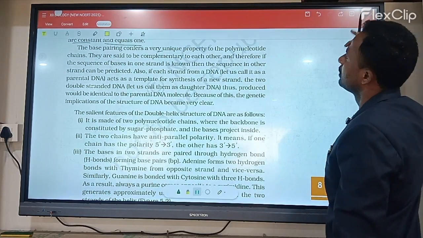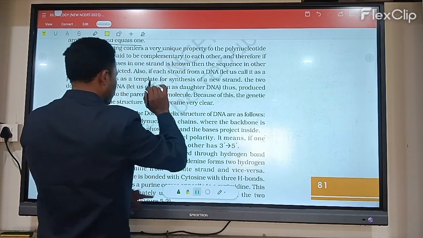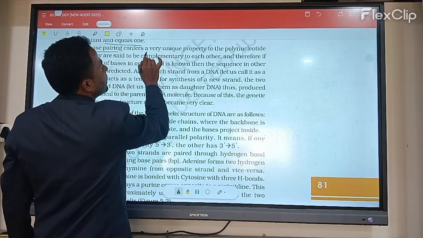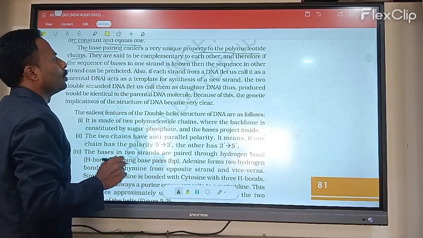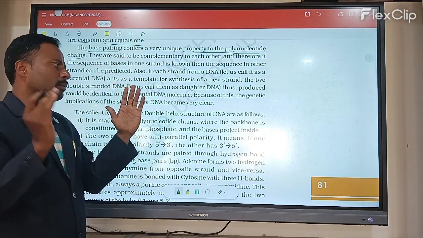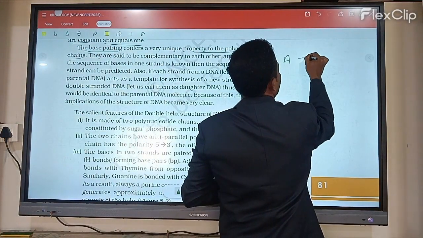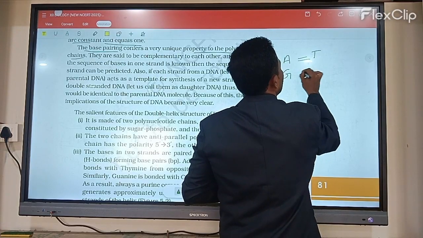Next, the base pairing is a very unique property of the polynucleotide chain. Adenine binds with thymine, and guanine binds with cytosine. For example, adenine binds with what? Thymine. Guanine binds with what? Cytosine.